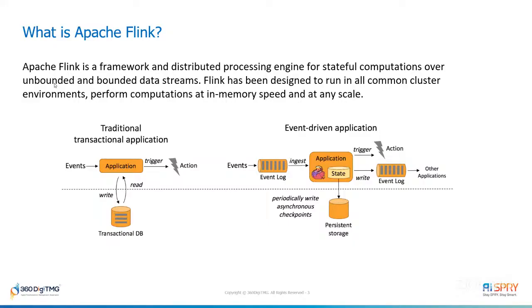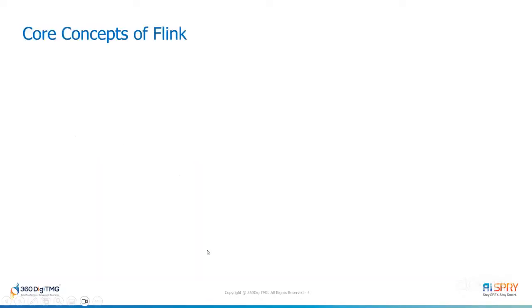In continuously coming data streams, Flink manages the state, that is the state of the earlier events, and processes the data. That is a specialty of Flink, and it triggers action. So this is one feature of Apache Flink. We will understand more about Flink by taking a use case.